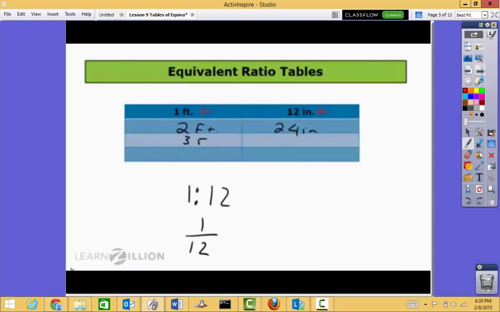If I have 3 feet, I'm going to have 36 inches. And if I have 4 feet, I'm going to have 48 inches. All these ratios are equivalent to each other.